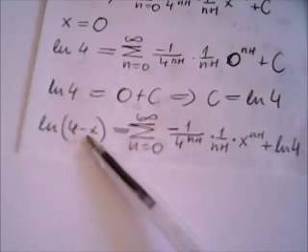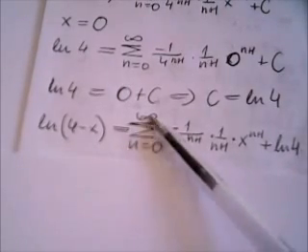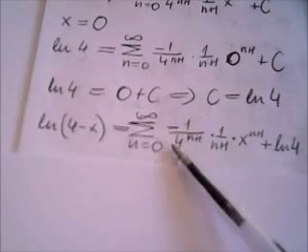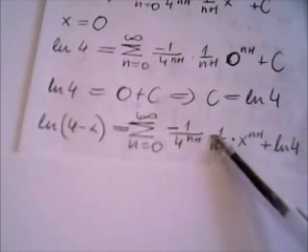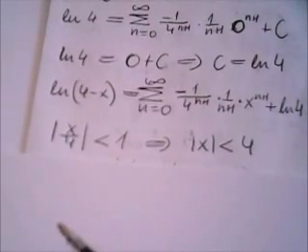In conclusion, natural logarithm of 4 minus x equals the summation from n equals 0 to infinity of minus 1 over 4 to the power n plus 1 times 1 over n plus 1 times x to the power n plus 1, plus natural logarithm of 4. Now, the interval of convergence.